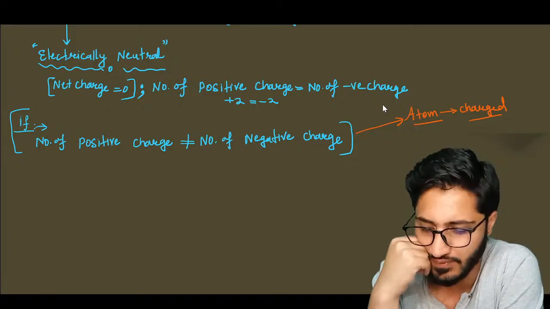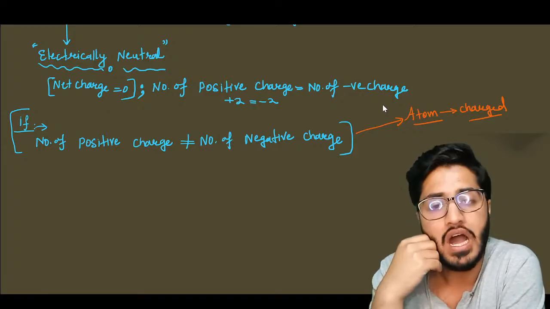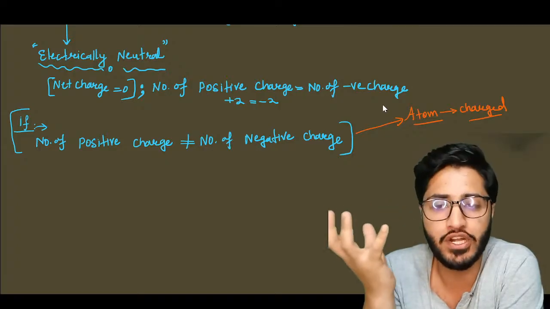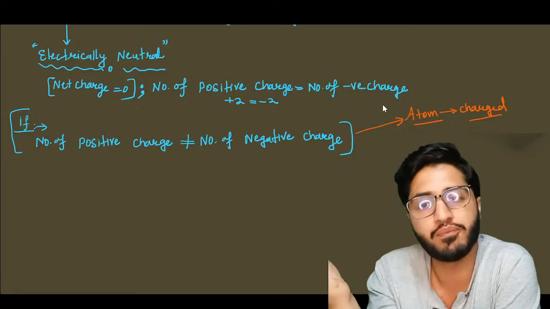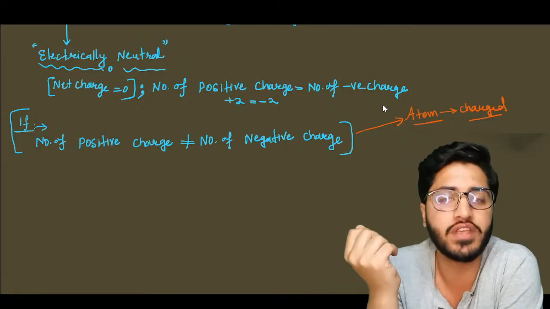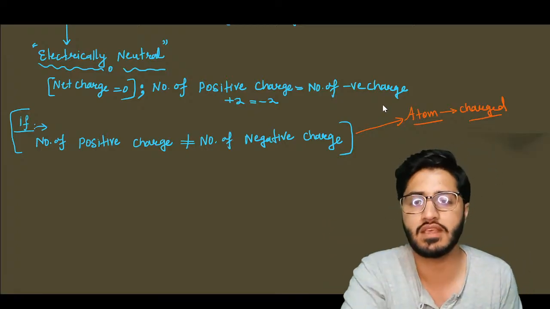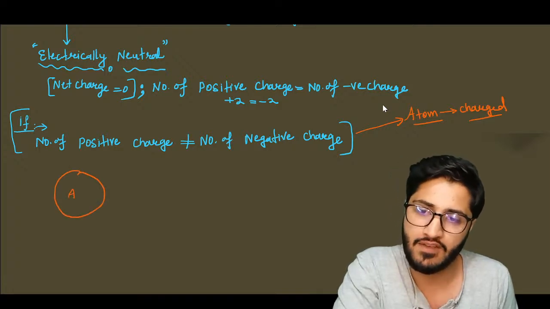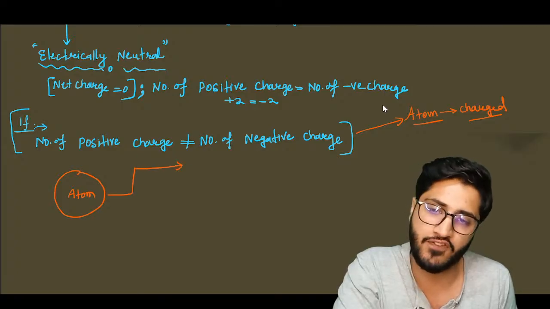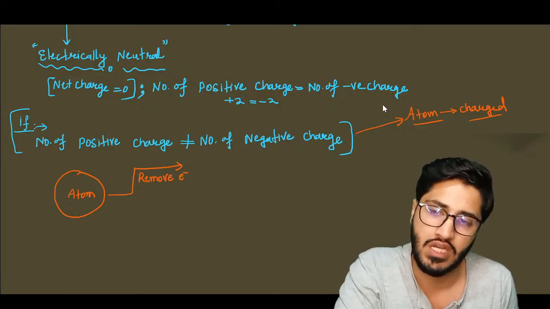Okay, done. Now how will we achieve this sort of inequality between protons and electrons? Look, if this is my atom, and if we remove electrons, what will happen?